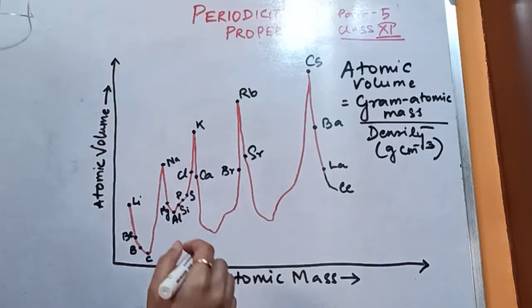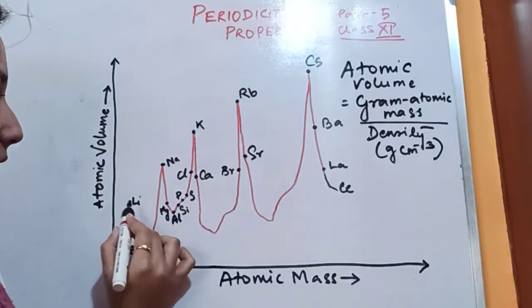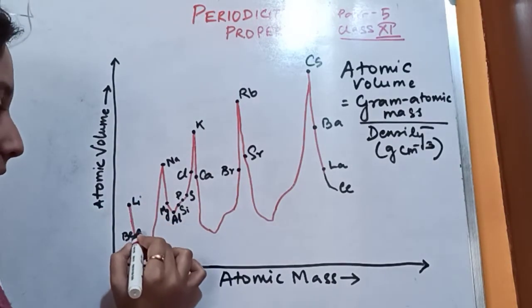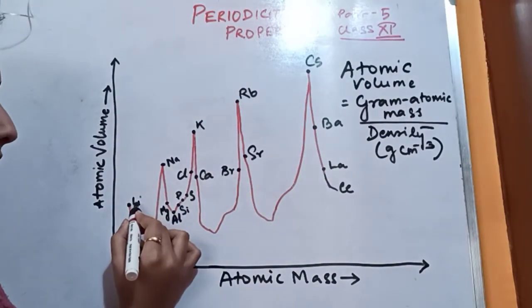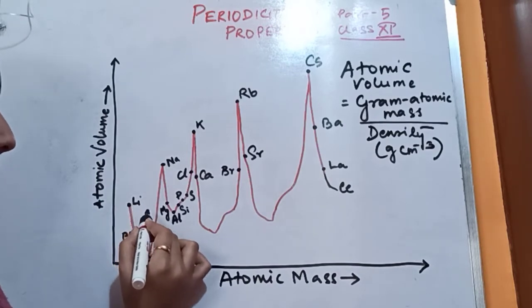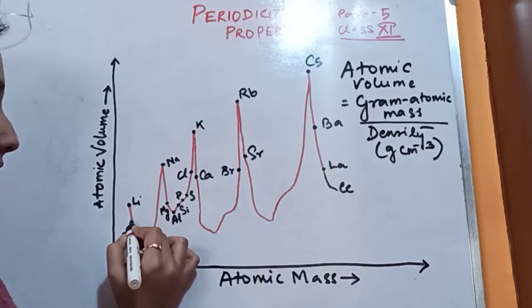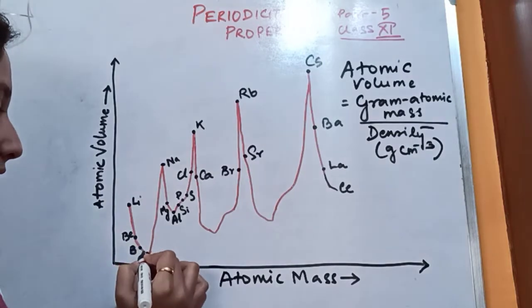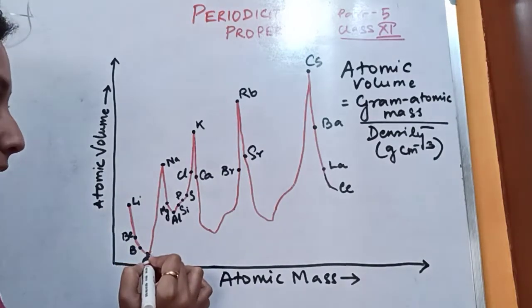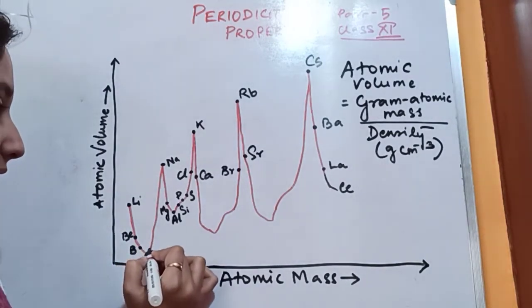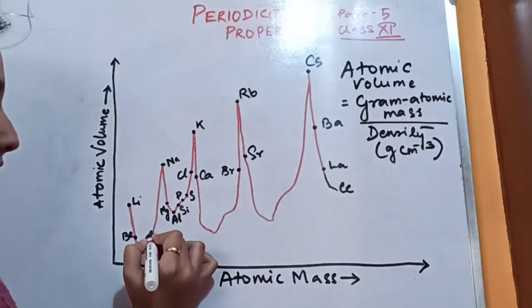Just see that starting from lithium across a period, the atomic volume decreases, comes to a minimum, and then after that it again increases.